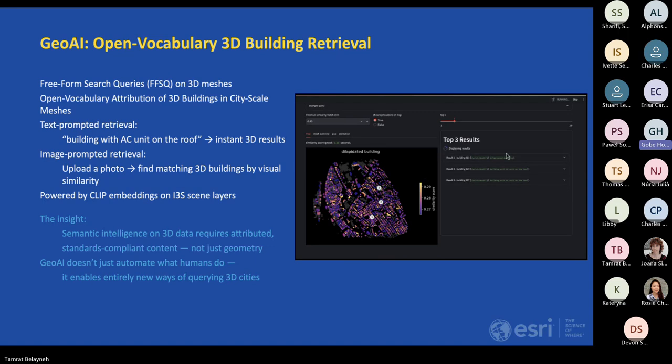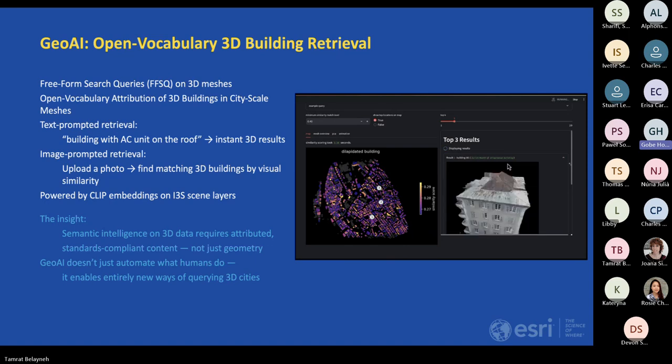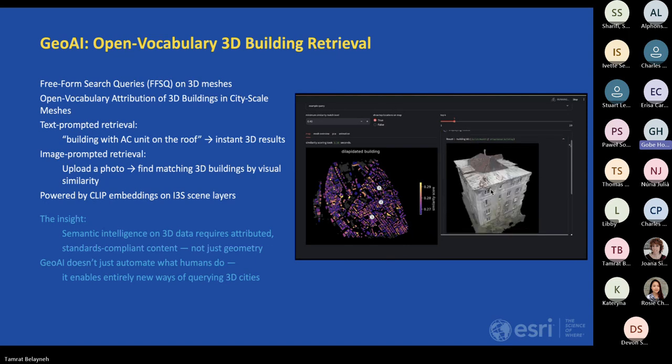So this semantic intelligence of the data requires attribution. This example is in Zurich, I think. I would like to see those old buildings in Zurich, though. I haven't seen them. It's interesting. And it enables really an entirely new way of querying 3D cities, right? Typically, where we query is more attribute driven, database driven.